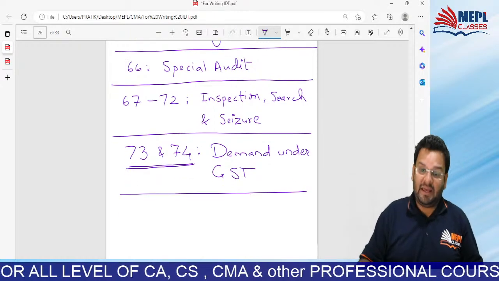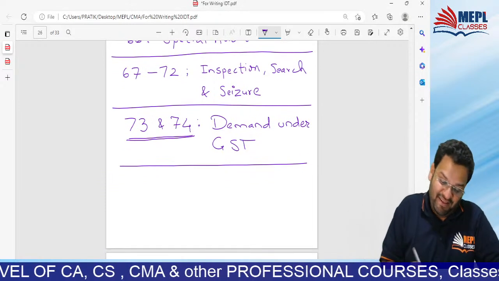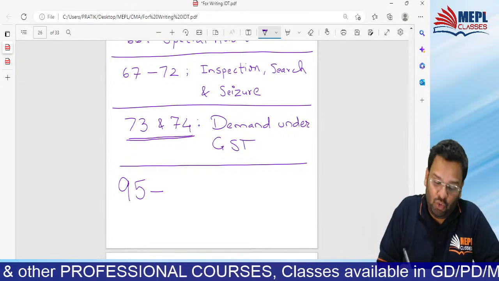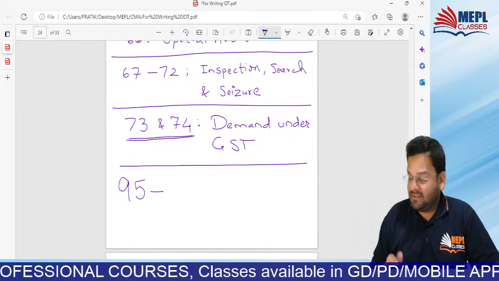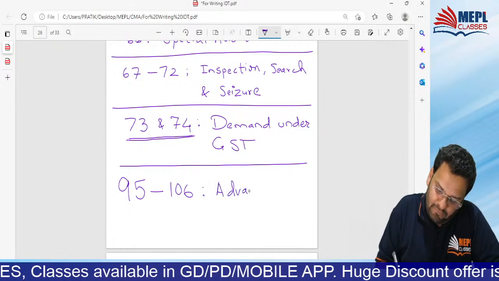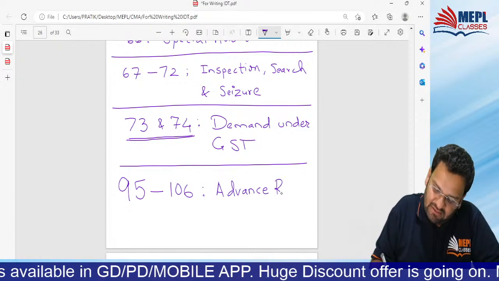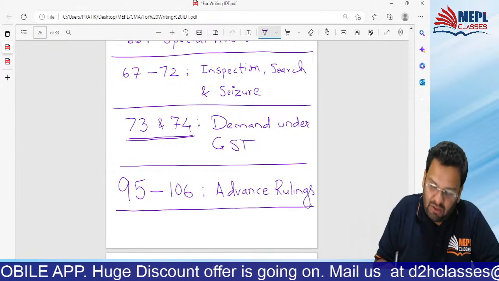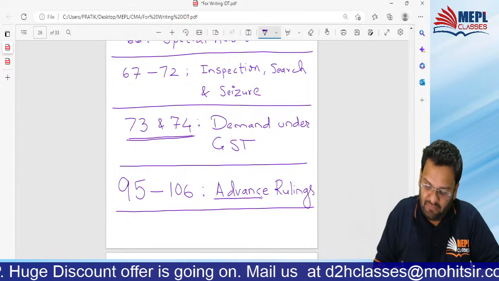Then what is important is 95 to 106, which will talk about advance rulings.